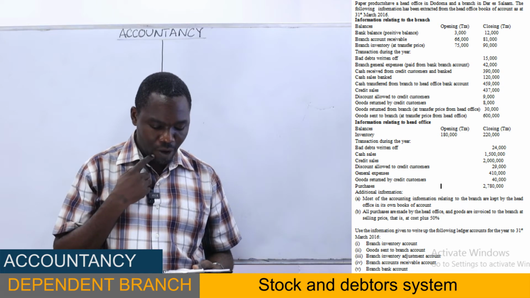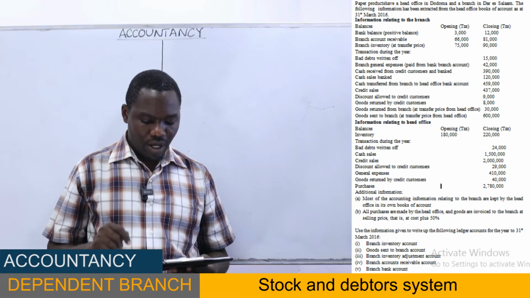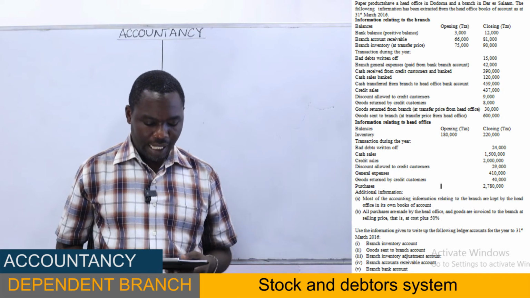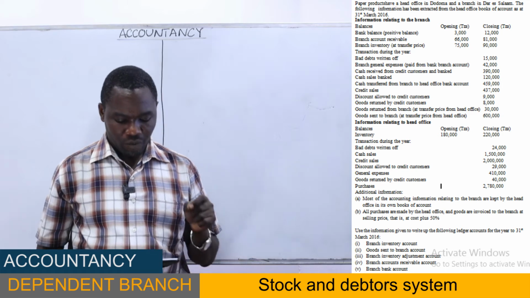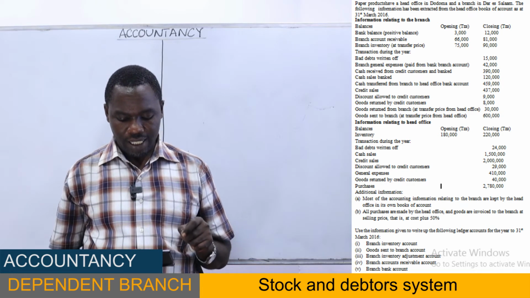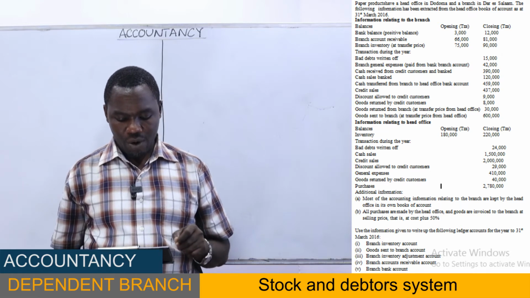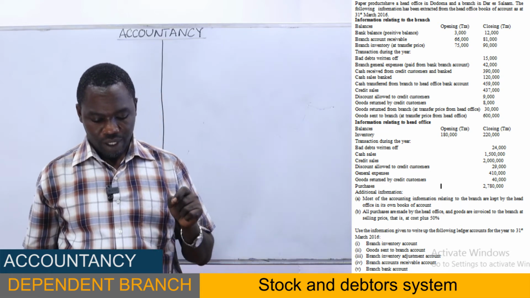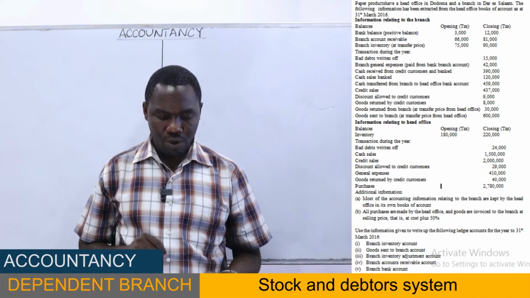So we are required to open up the entries for branch inventory account, goods sent to the branch account, branch inventory adjustment account, branch accounts receivable, branch bank account. So we are required to open up 5 books.